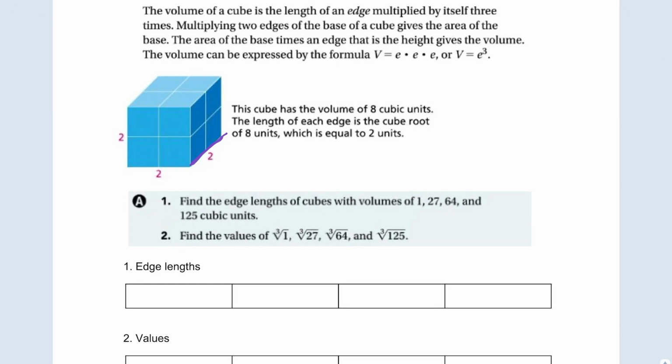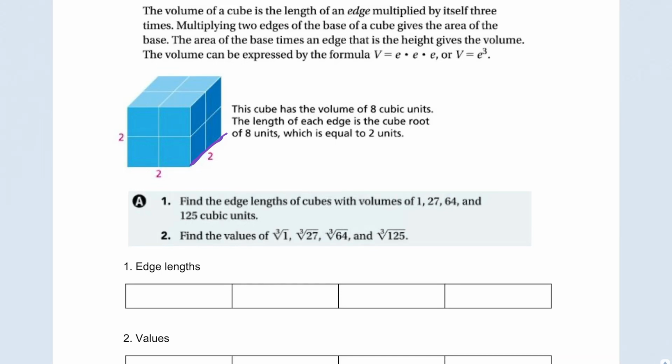Multiplying 2 edges of the base gives the area of the base. The area of the base times an edge that is the height gives the volume. And the volume can be expressed by the formula V equals edge times edge times edge, or V equals edge cubed. So this cube has the volume of 8 cubic units. The length of each edge is the cube root of 8 units, which is equal to 2 units.